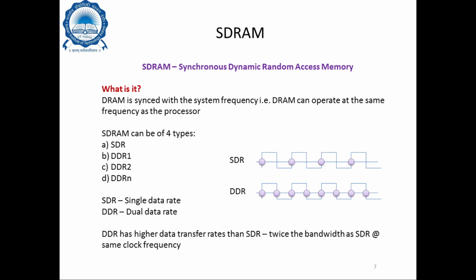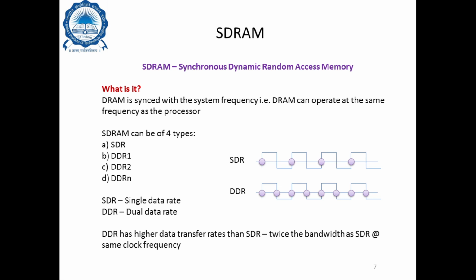And what is this SDR? It is responsible for transferring the data once in every clock cycle. So therefore it is known as single data rate. You can see from this diagram that we are basically trying to transfer data once in every clock cycle. While for DDR we are able to transfer once on the rising edge and a second time on the falling edge.